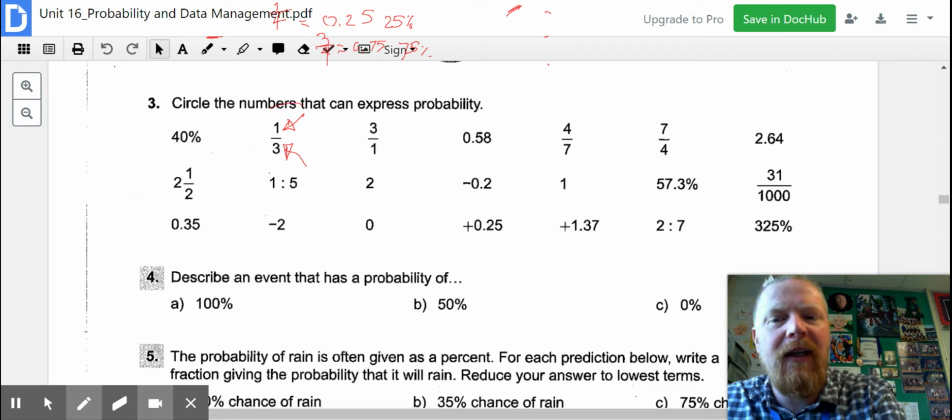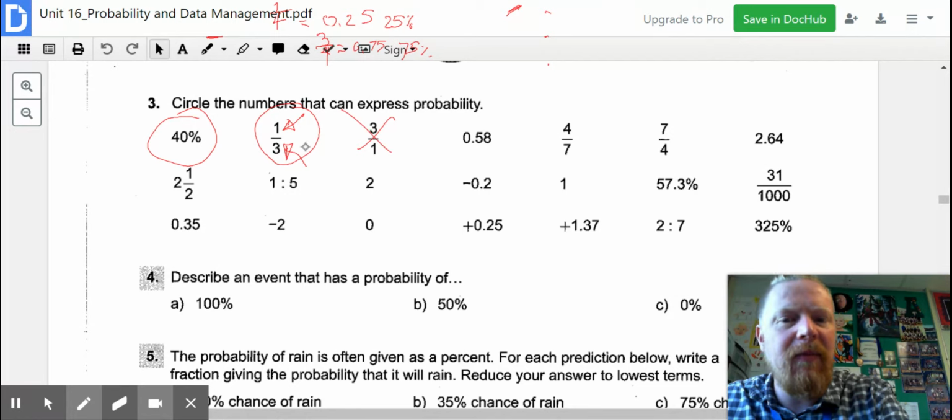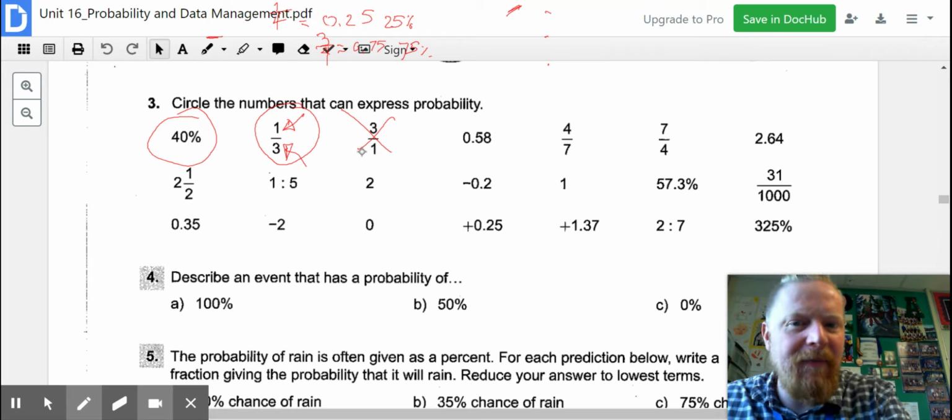That 1 in 3, that's a probability. 40% is a probability. This one is not a probability. You can't have 3 chances when there's only 1 outcome. So anything that's greater than 100% can't exist. Okay, so that can't be a probability.